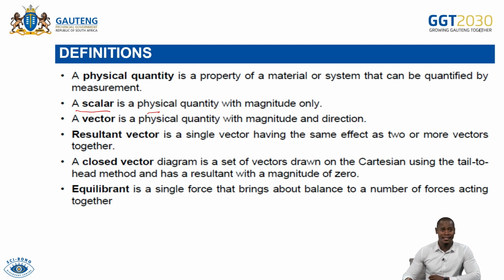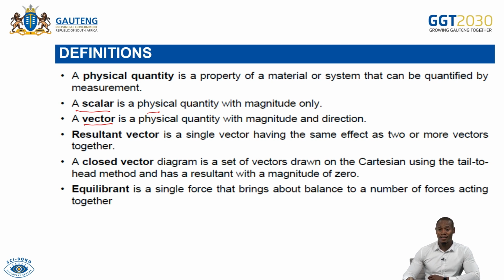Then a vector, that is also a physical quantity, but this one is a physical quantity with magnitude and direction. So when it comes to a vector, there's magnitude and the direction. For example, when you talk of velocity, remember, it's a vector.